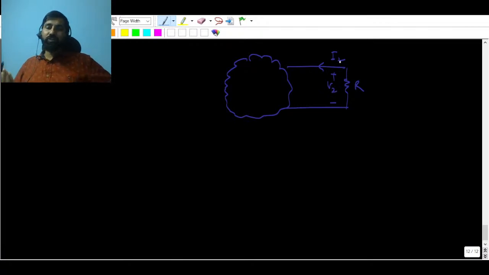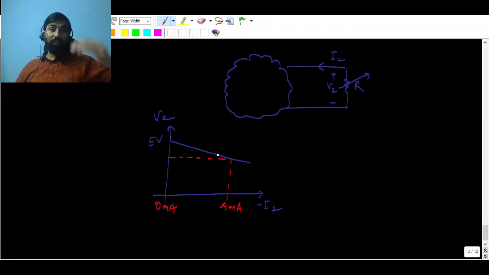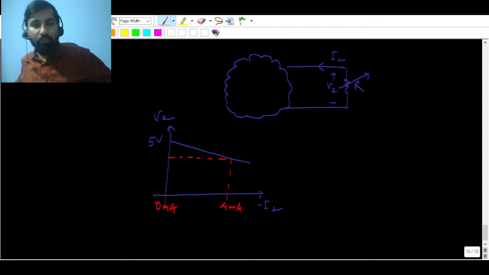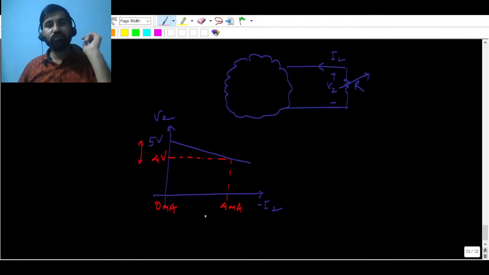This current I2 is flowing from minus to plus, and this R is varied, and they have given some plot here. Let me draw the plot as well for you. Minus I2, and this plot is a linear plot. This is V2, this is 5 volt for 0 milliampere, and for 4 milliampere the voltage has gone down by 1 volt. So the change here is 1 volt and the change here is 4 milliampere.